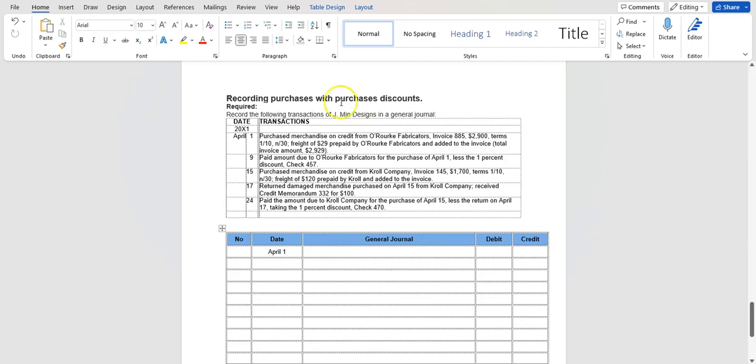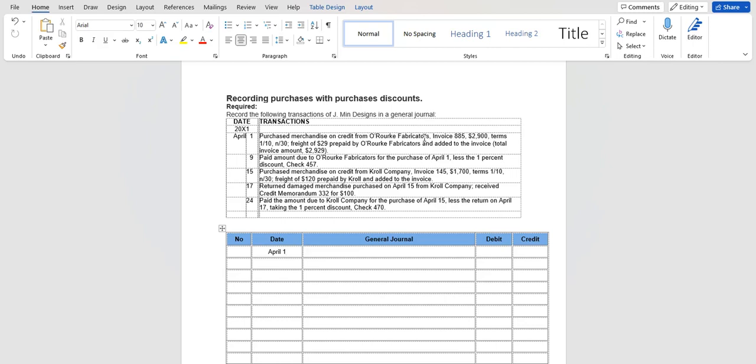It says we purchase merchandise on credit from Heroic Fabricators. The amount of the invoice was $2,900.